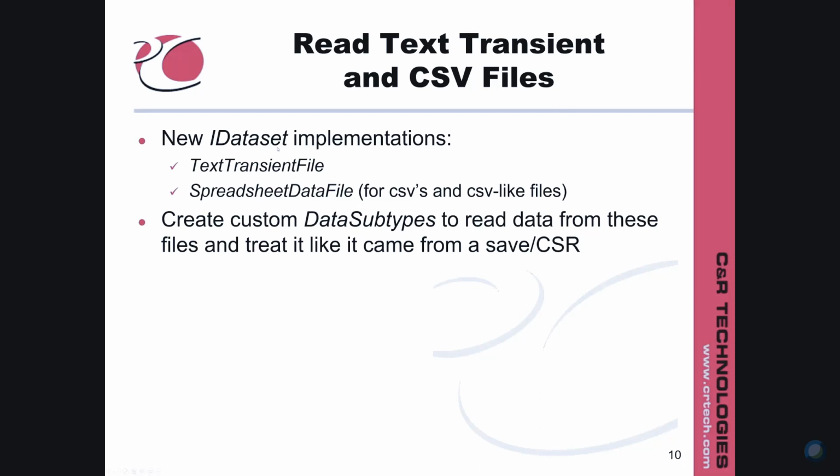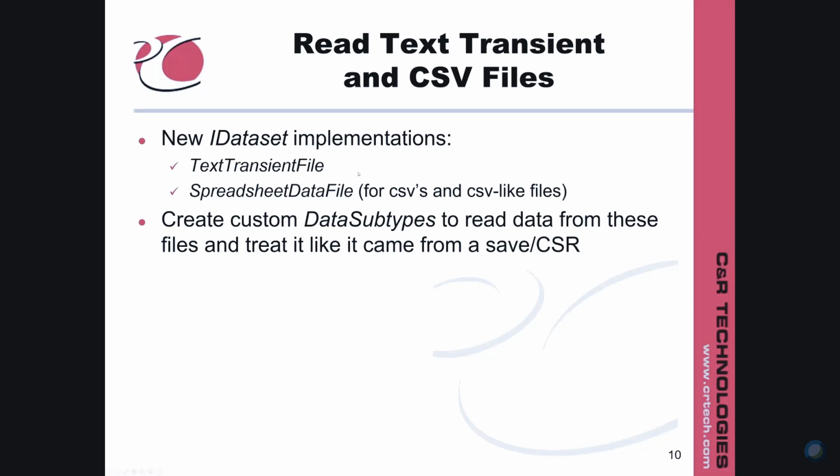You can now read text transient files and general spreadsheet files, and you can treat them just like other data sets. So we have an iDataset interface that has a bunch of methods for get the node names that are in this thing, get the data for such and such a list of nodes, get the data for such and such a submodel.